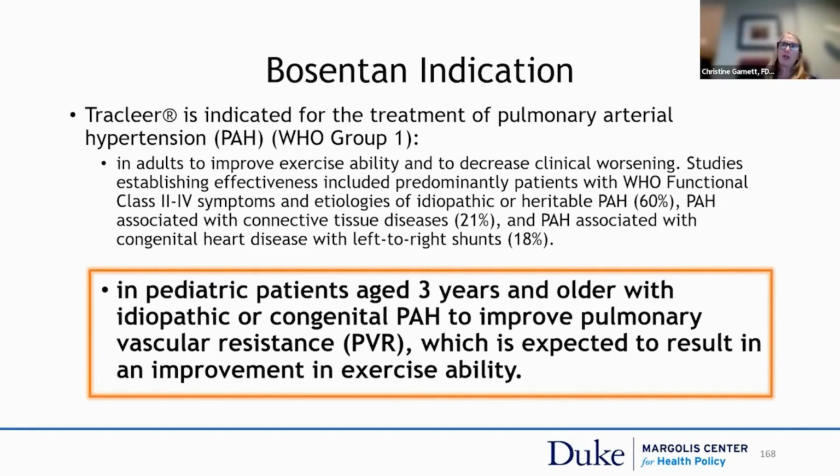And so because of that, we're no longer using right heart catheterizations in pediatric trials as part of endpoints. It's still being used as part of the clinical course, but in terms of clinical trials, we're not using right heart catheterizations anymore.